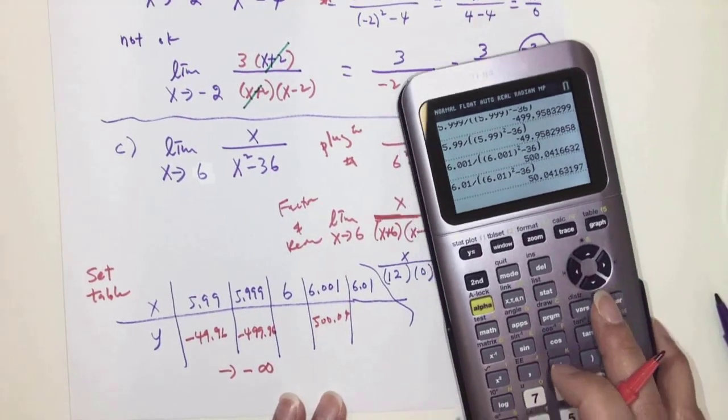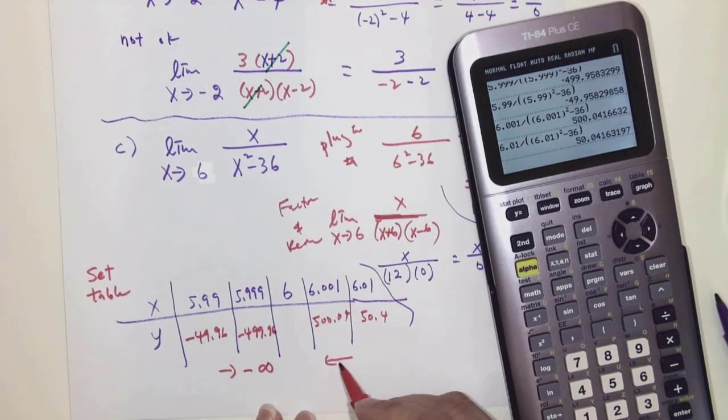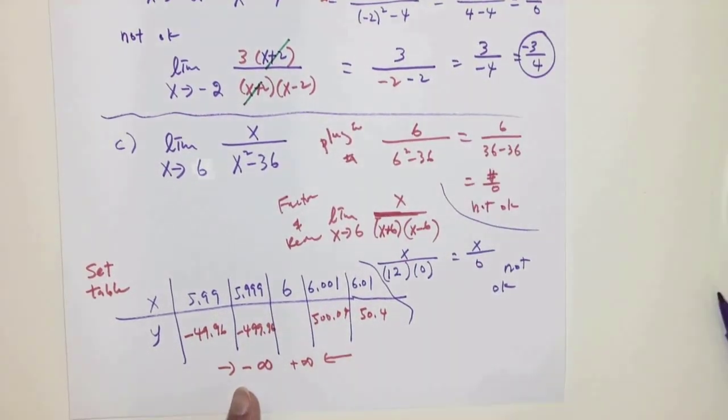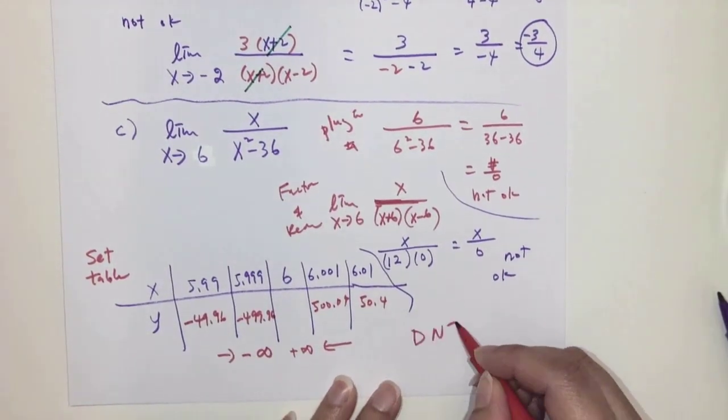It's going to give me 50.04. So again, on this side, it looked like increasing pretty rapidly. So I think it's going to be approaching positive infinity. So from the left and from the right, they settle on different numbers, and also they are infinity and negative infinity. So for sure, the limit does not exist.